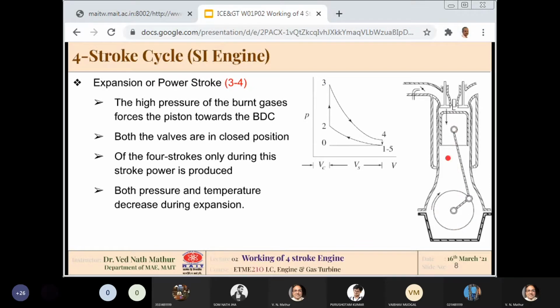So out of these 4 strokes, only 1 stroke is the power stroke. Out of the 2 complete rotations of the crankshaft, only 0.5 is the duration where we get power from burning of the fuel-air mixture. The rest of the movement takes place because of the inertia of the driven component.